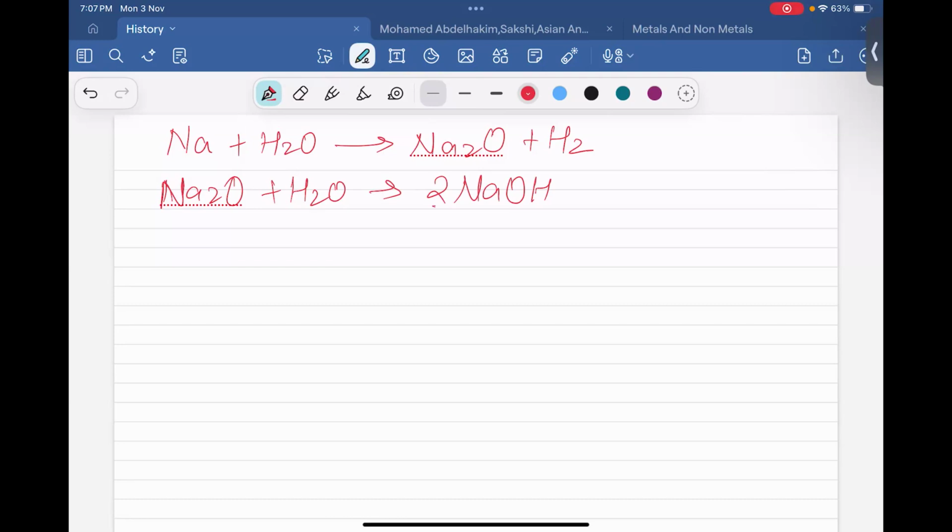So overall, this is formed. Again, example similarly. Second example is when potassium reacts with water. When metal reacts with water, there is the formation of metal hydroxide, meaning potassium hydroxide.